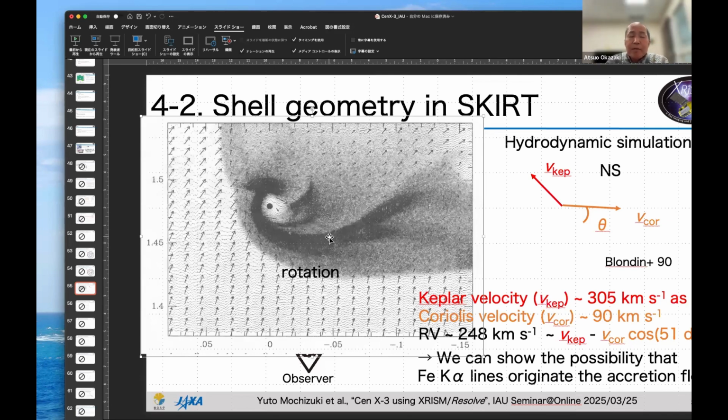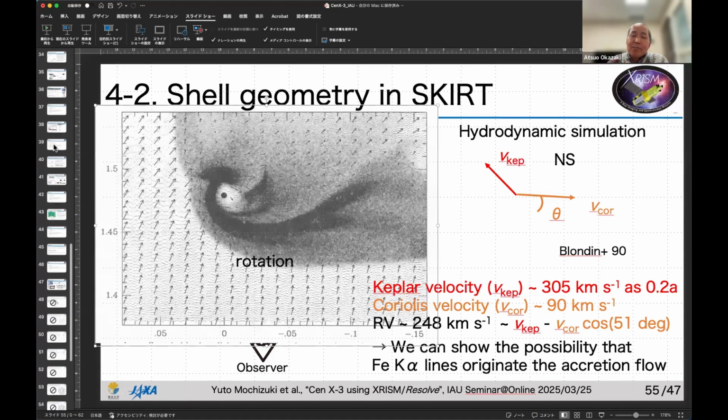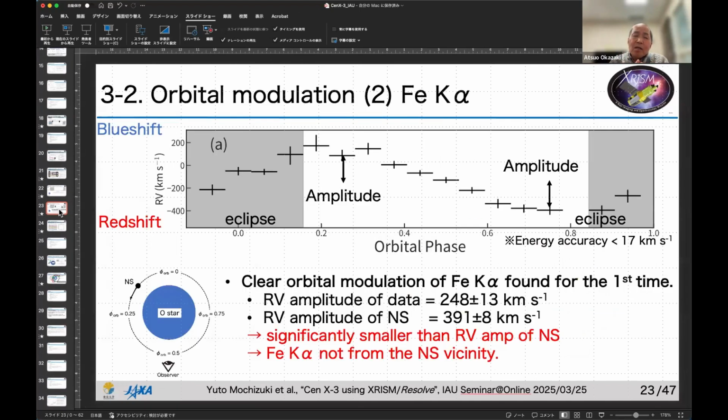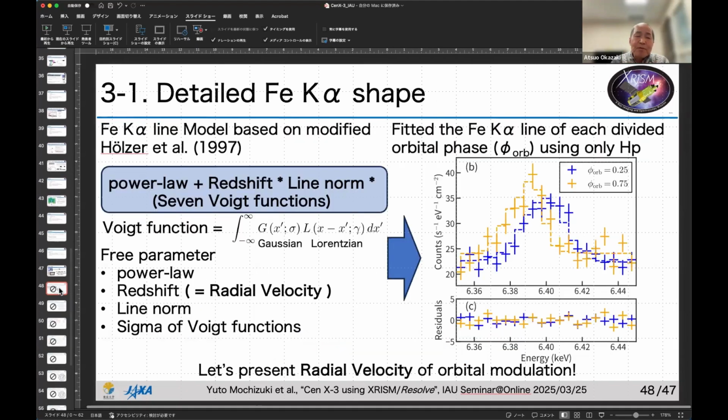Okay, thank you. My second question is about the line profile of the K-alpha line. It seems to me that the observed profile is not clearly single peaked, but can be double peaked, because some profiles show double peaks and some show a wide, more or less flat top.